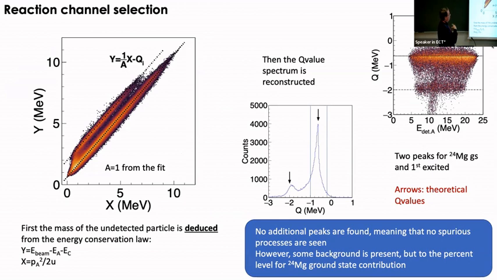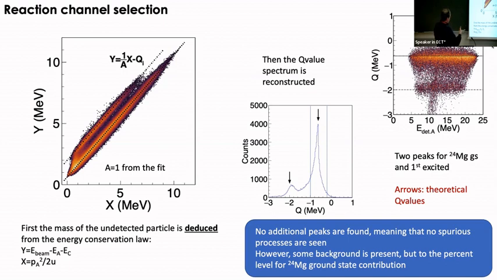Okay, so just to give you an idea of the kind of measurements that we need. These plots, just don't mind the one on the right, that is the worst one. What we have is that, for instance, in the first one, you have this equation. You start from energy conservation, and you make some assumptions that you see in the bottom left, where you can call y the energy of the beam minus the energy of the particles that you detect, and x the momentum of one of the particles divided by 2u, its unit mass.